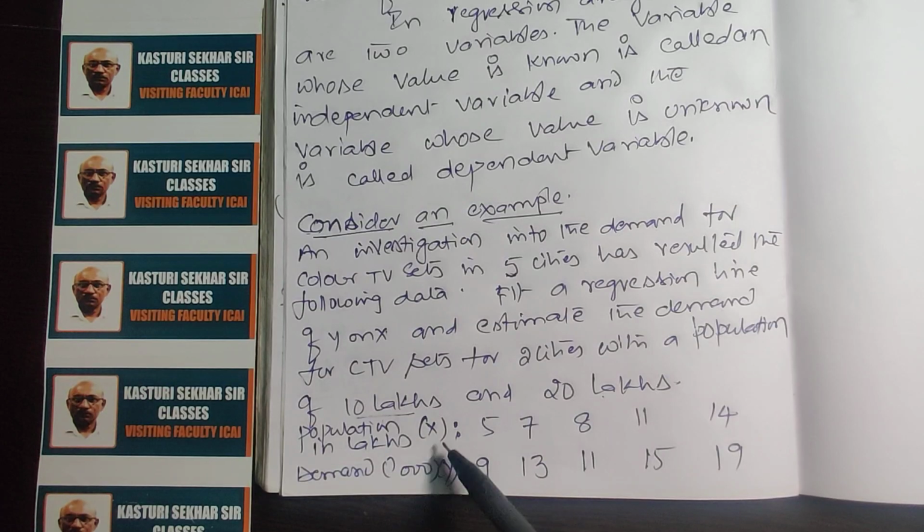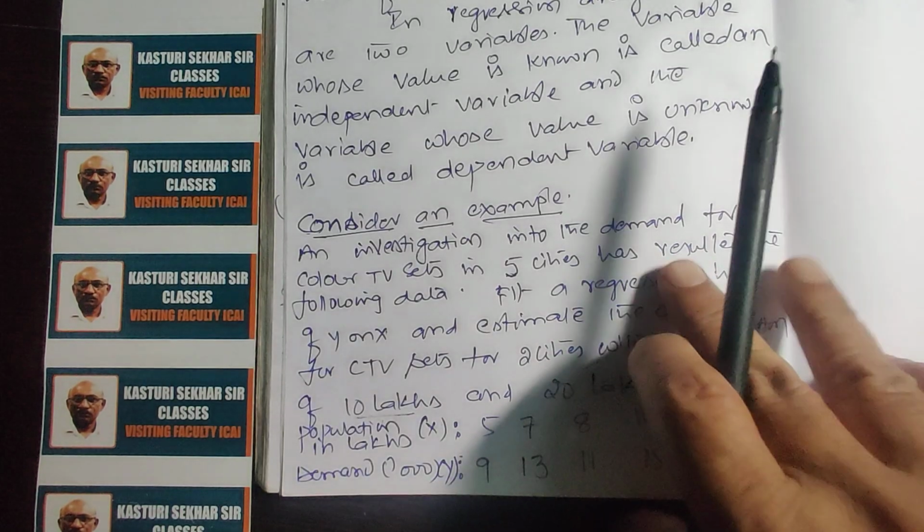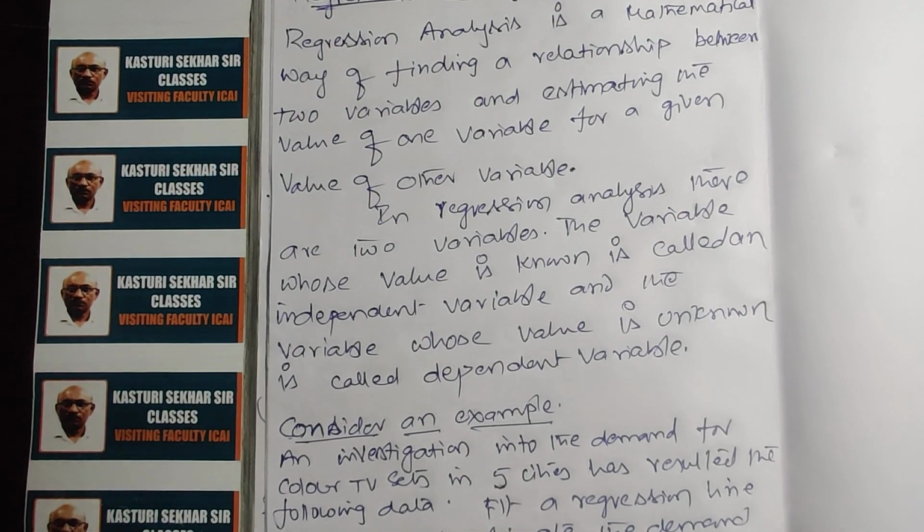Out of the two variables, one value is given, that is 10 lakhs. Corresponding to x equal to 10 lakhs, we have to estimate the value for the variable y.